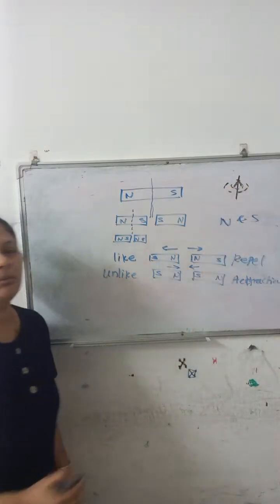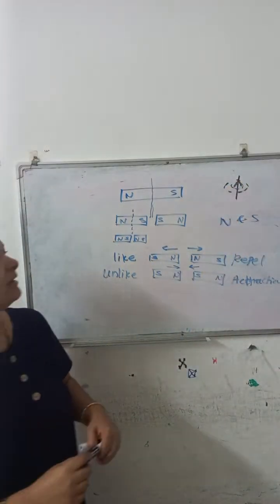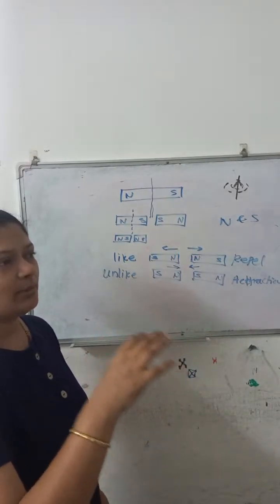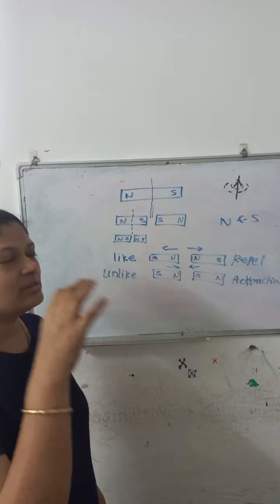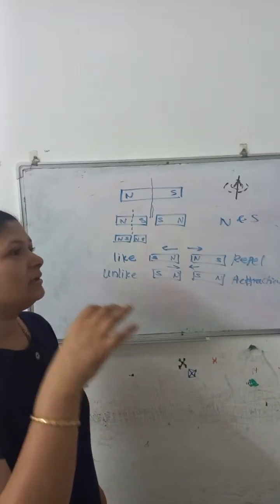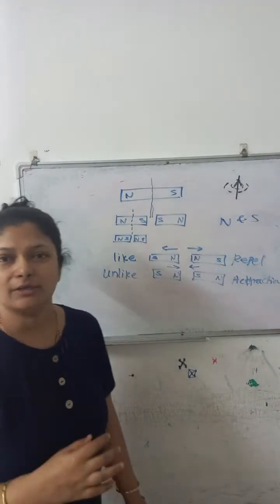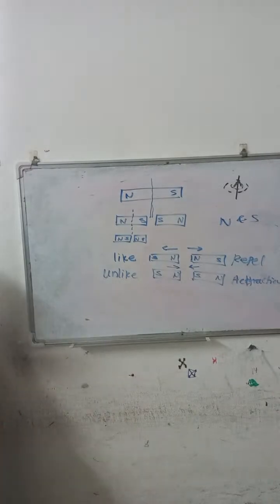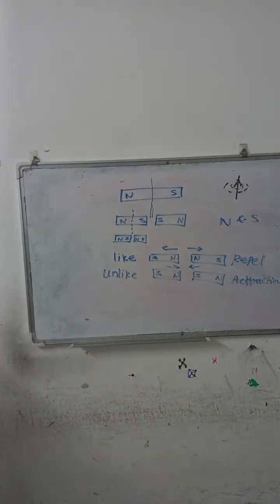Now what do you mean by magnetic field? Magnetic field is an imaginary field where, if you keep any substance, a force is exerted on it due to the magnetic field. That is your magnetic field or space.